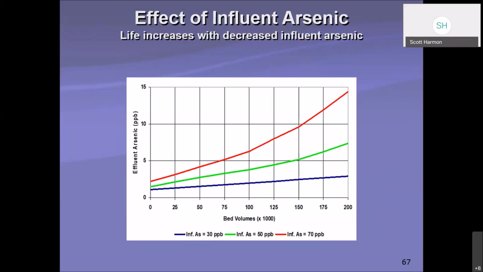The green line would be 50 parts per billion, and the red line is 70 parts per billion. So you can see the different bed volumes that would be needed if you had those levels of arsenic as your influent water. And again, when you get the copy of this presentation, you can go back and look at these charts and slow down the video and do whatever you need if you're interested in this.